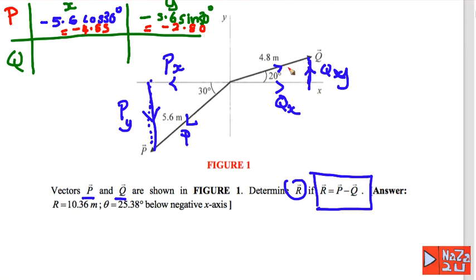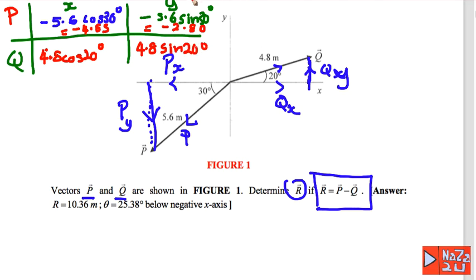So what happened to Q? Because Q is to the right, Qx and Qy are positive. For Qx, resolve Q to the x-axis, so 4.8 cos 20. And Qy is 4.8, opposite, so use sine 20.